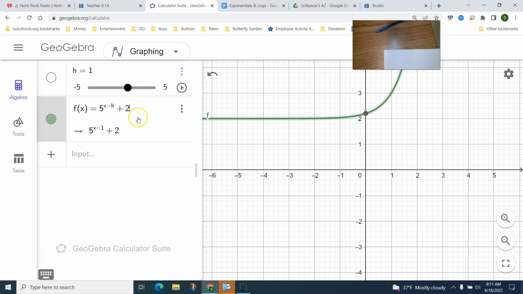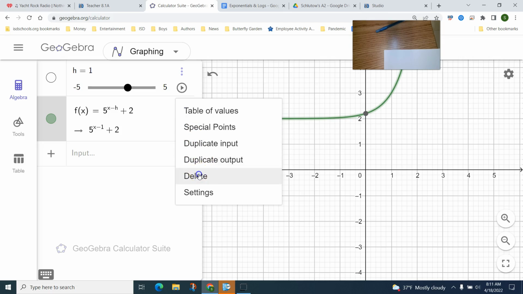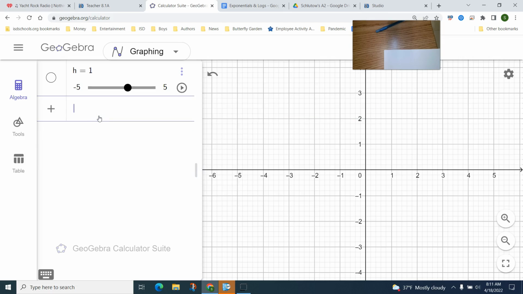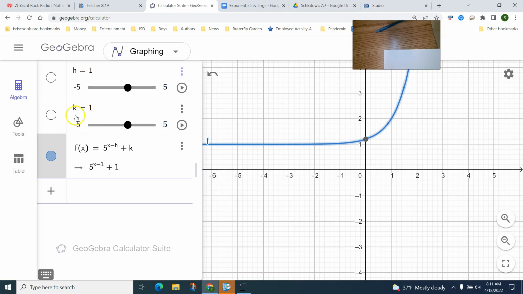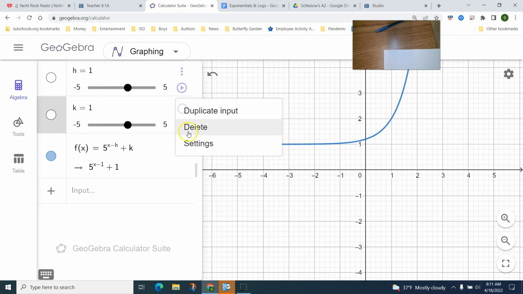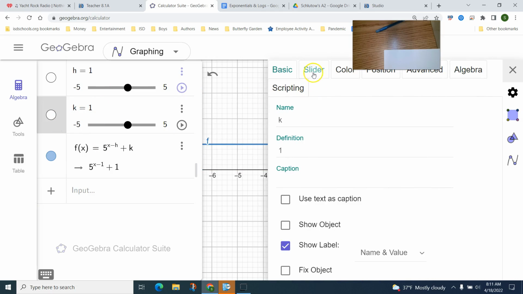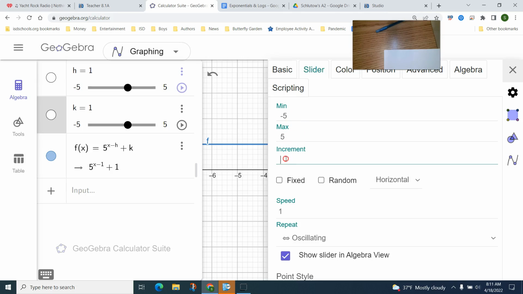Let's just start over. 5 caret x minus h plus k. There we go. Now I got to create this increment of 1. Okay, done. Close that out.